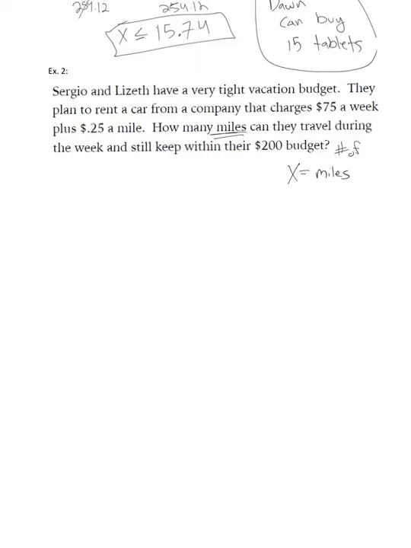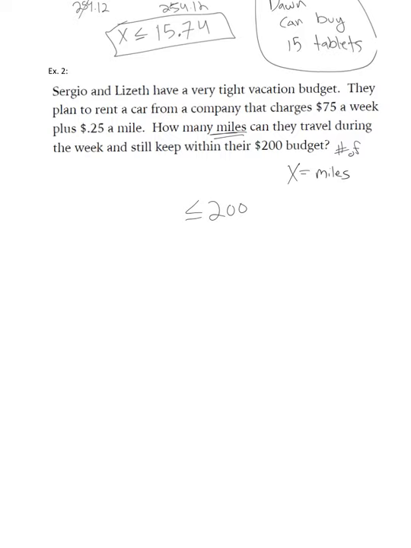Also in that last sentence, they tell you that they are looking to keep it within their budget of $200. So we know that the total amount that they're going to spend has to be less than or equal to $200. So we'll go ahead and write that right side of our inequality. So looking at the remainder of the information to come up with the left side of our inequality, we see that the company is going to charge $75 a week plus 25 cents a mile.